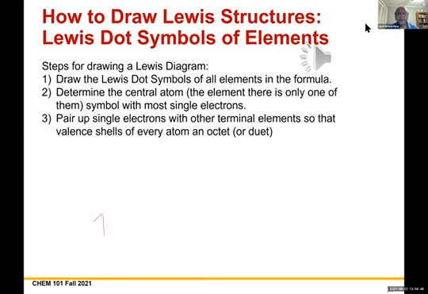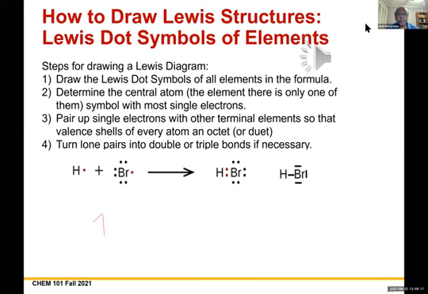Pair up unpaired electrons with the terminal elements so that the valence shell of every atom achieves an octet, or a duet for hydrogen. If atoms still don't have an octet, lone pairs are put into single bonds to create double or triple bonds if necessary to satisfy the octet rule.